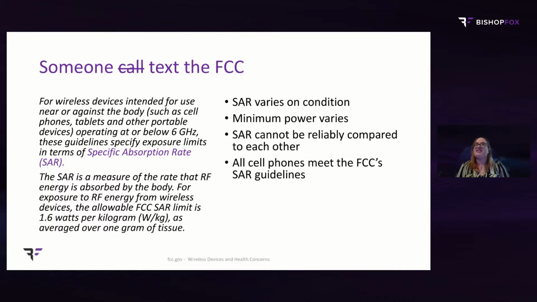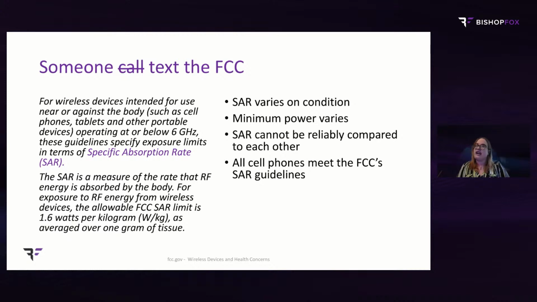Now, I have here, someone texted the FCC, because one of the recommendations in the books is to do texting over calling, as that lets off less radiation. They measure that by SAR, or the specific absorption rate. SAR can vary on condition. It is not consistent while testing. So you can test a device at different times, and the same device will have a different SAR rating.